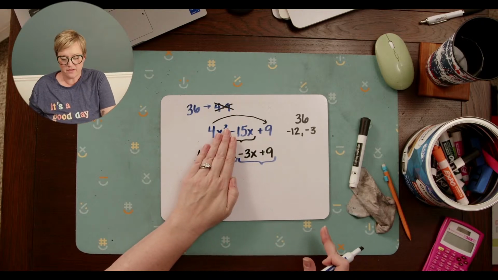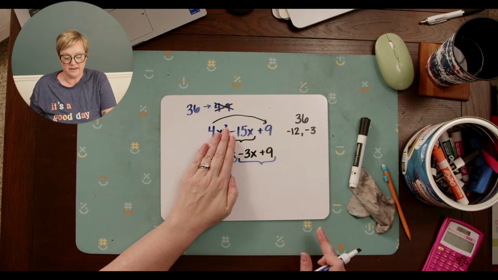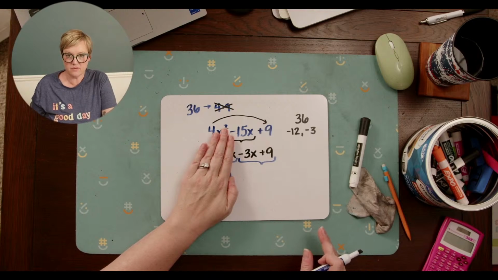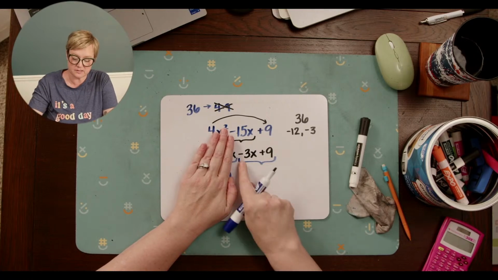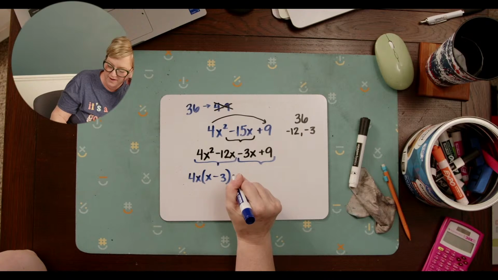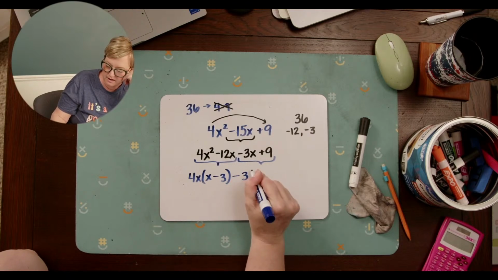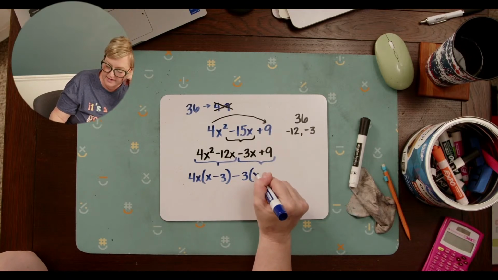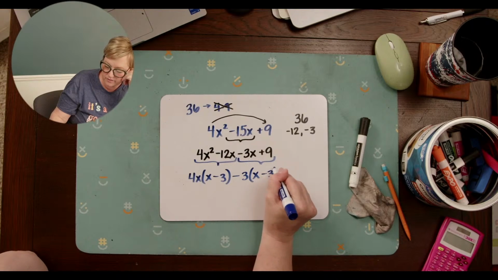I'm going to take out the GCF of negative 3x plus 9. Since this first term is negative, I'm going to factor that negative out. So I'm going to factor out a negative 3, and what's left behind is x minus 3.